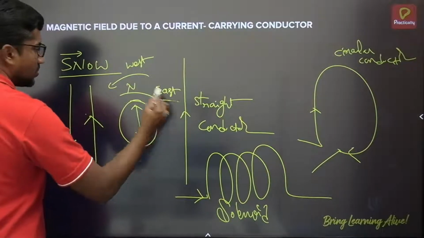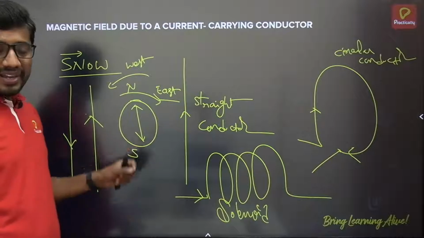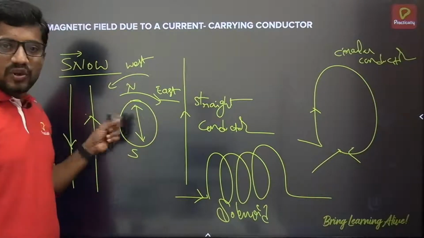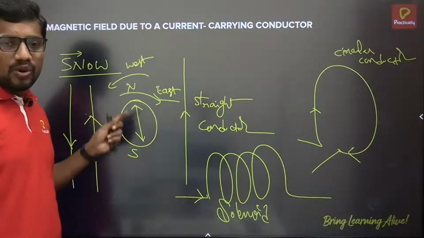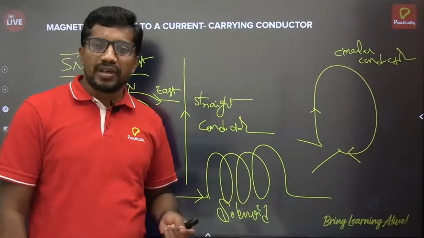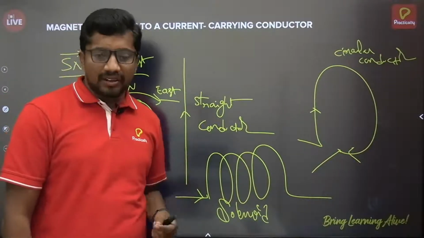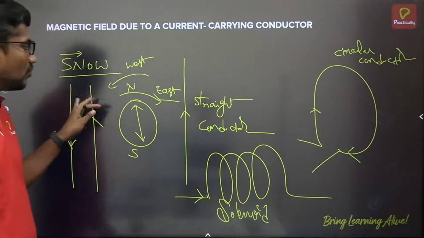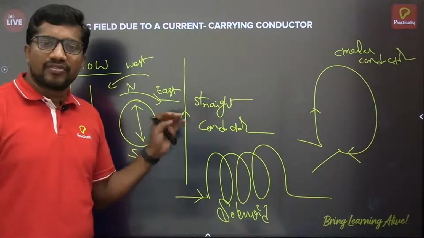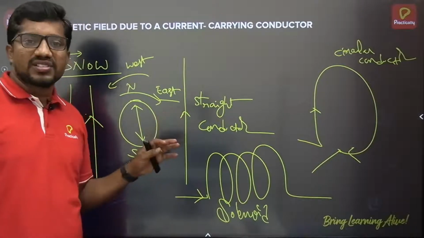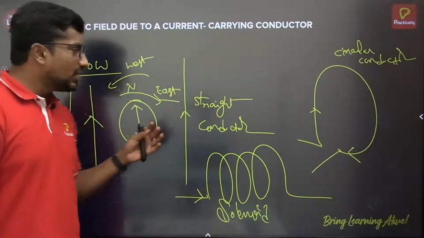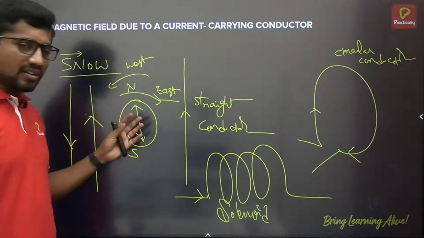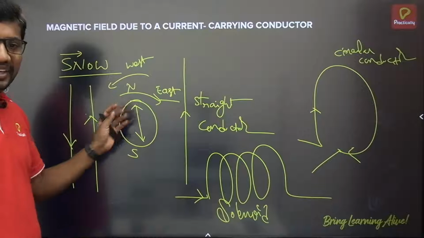So we can use this Snow rule to determine the deflection of the needle when electric current is flowing through the conductor. One more rule is Ampere's swimming rule, which you will have in class 12. Even now we don't have Snow rule in the syllabus, but sometimes they ask about the deflection of the needle, objective type questions, so this will help you find the direction of deflection of the magnetic needle.